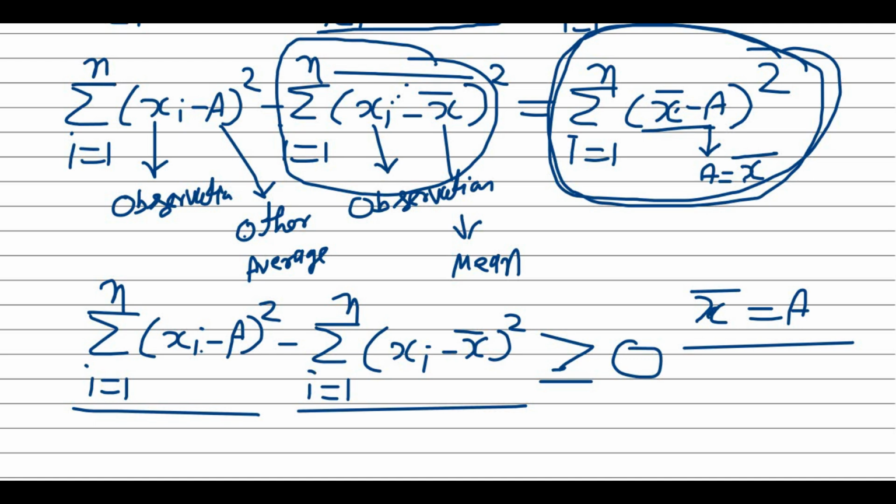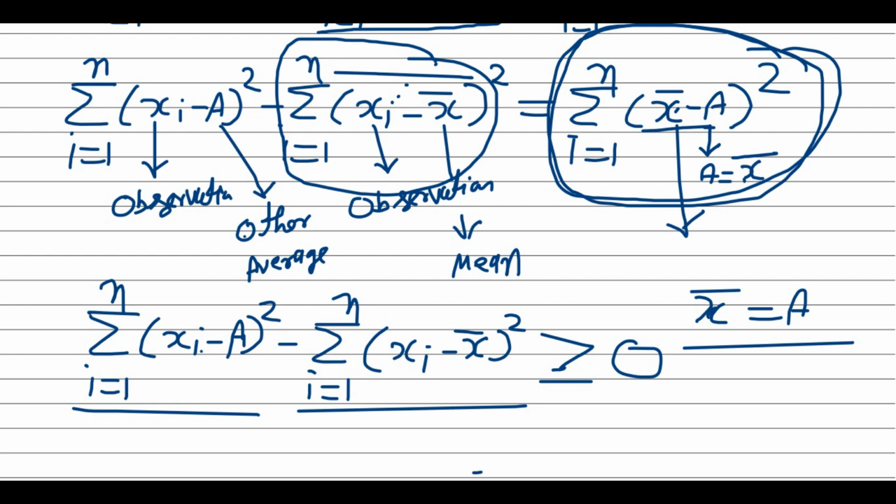And it would be equal to 0, that means both would be equal, if x bar is equal to a. From this term you can see that, that part would be 0 and both terms would be equal. So that means if you take deviation from another average, and if you take deviation from the mean, the mean one would always be less than the deviation you have taken from another average.